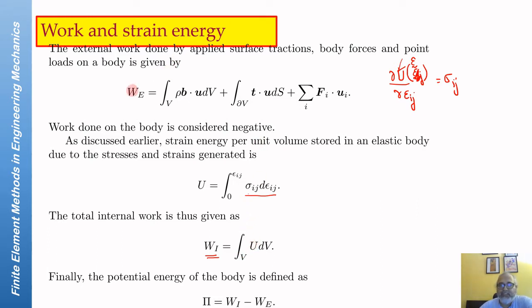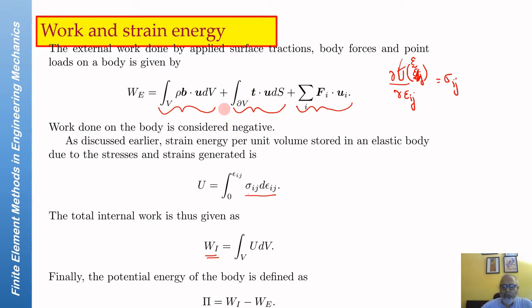Now the total external energy is the work done: work done by our body forces, work done by our surface tractions, and work done by the concentrated forces on the boundaries of the body. This is the work that is applied to the body by you, from outside.